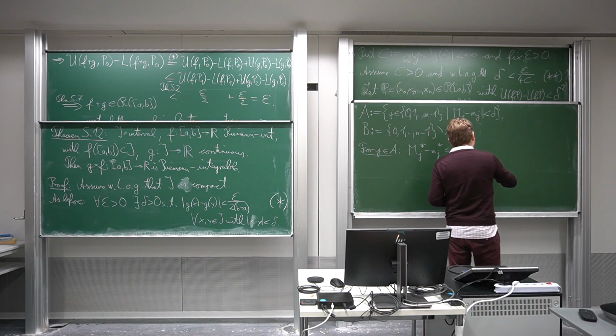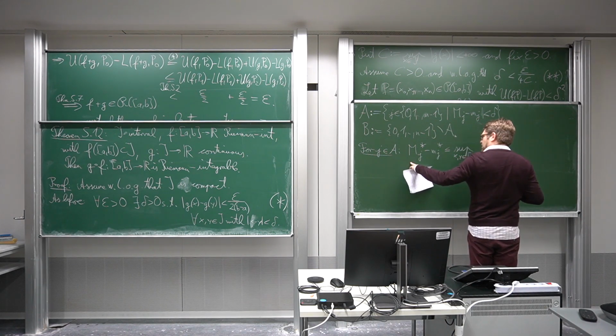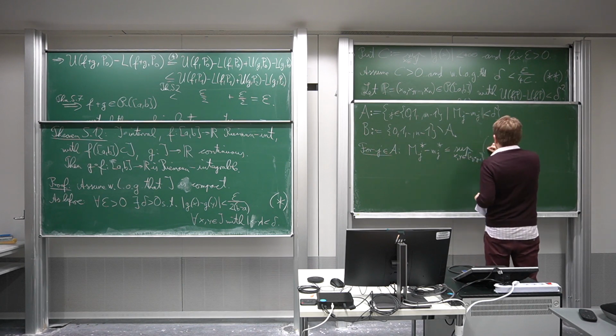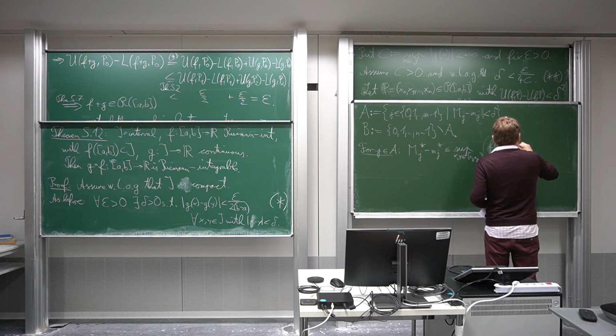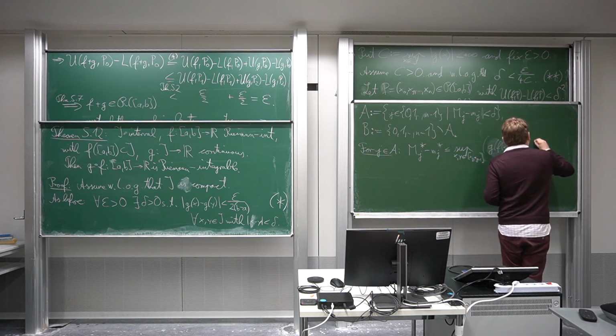If you play around with sup and inf, you will see that this is the supremum of the composition on the interval, and this is the infimum. And you can rewrite this as the supremum of g of f of x minus g of f of y.